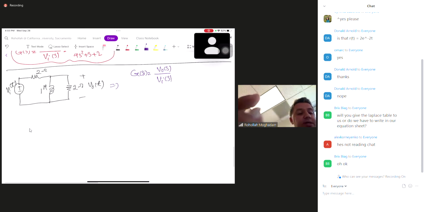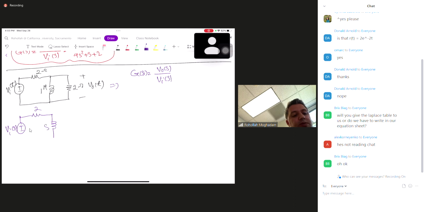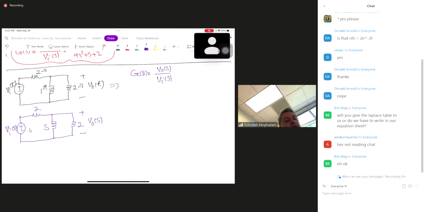This is super easy, right? VI of s in the frequency domain, the inductor becomes s, the resistor is 2. Can anyone help me? What should we do to solve it? Give me an idea, the simplest idea.